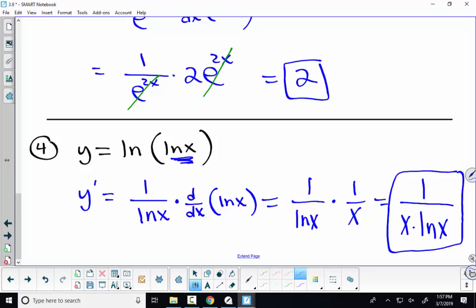And then, of course, these things could show up in products, they could show up in quotients. So really it's not like you just have a bunch of different derivative rules to remember, it's putting them all together, even at the same time in a lot of cases.